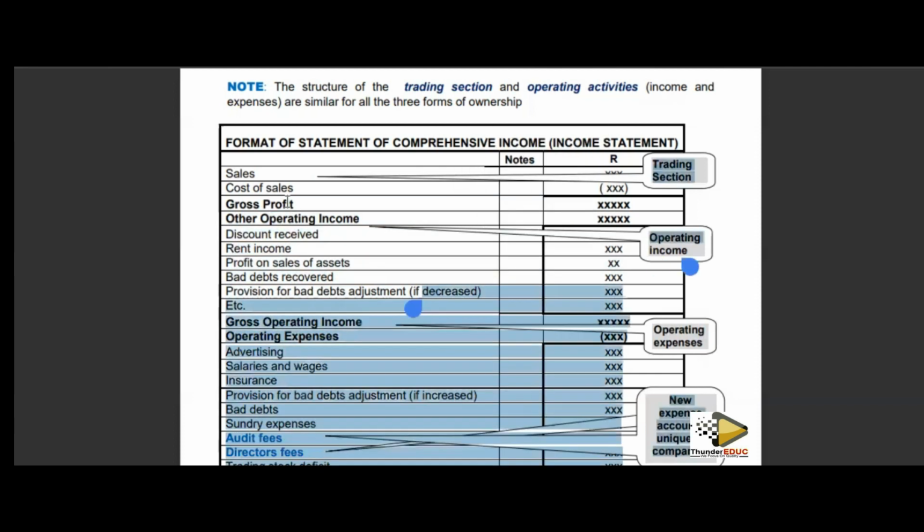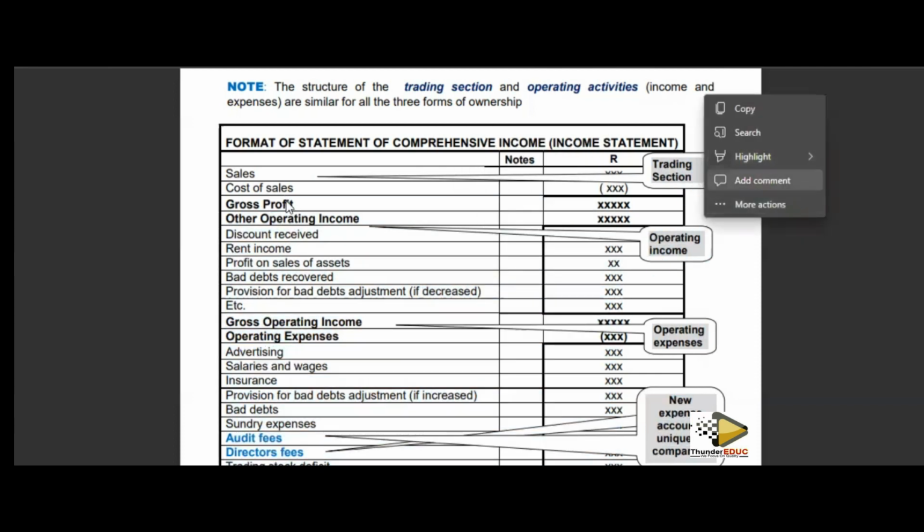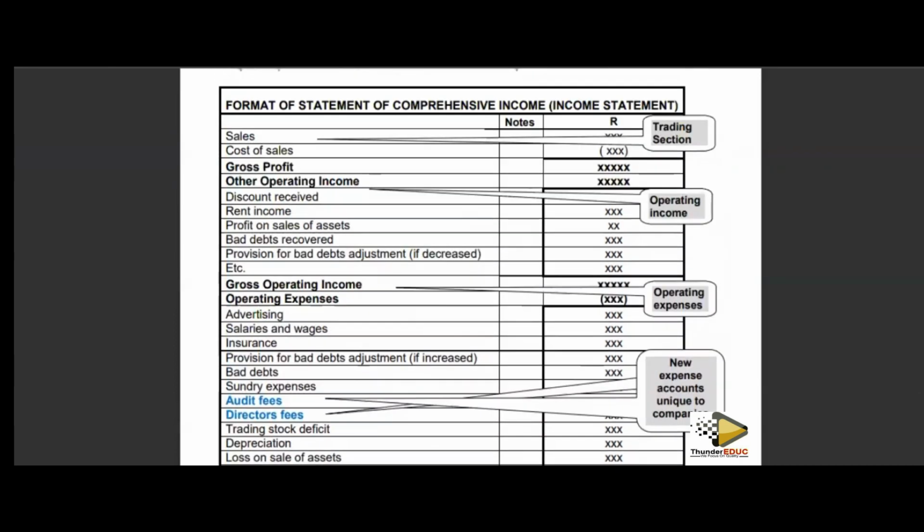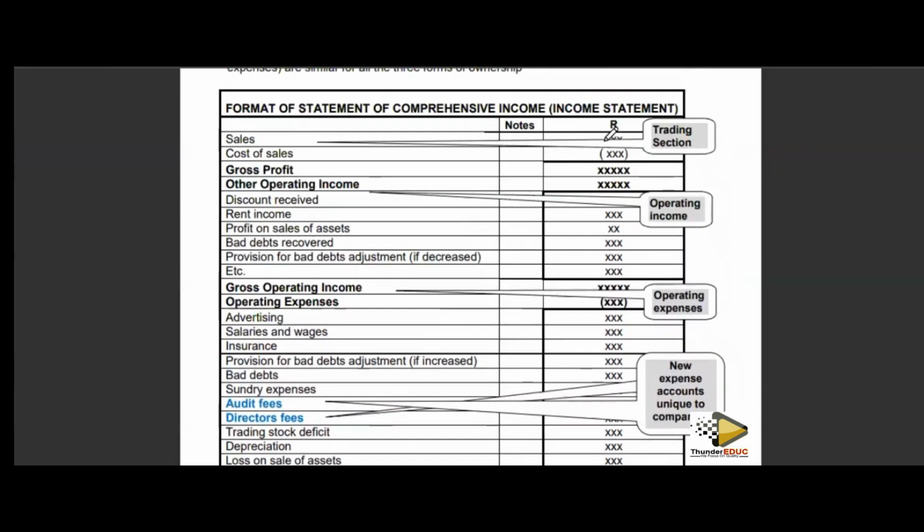Let's say we sold our goods and got 1 million. We had sales of 1 million rand. These are our sales here. Let's say we made sales and we got 1 million rand. I'm just going to give you some figures here.